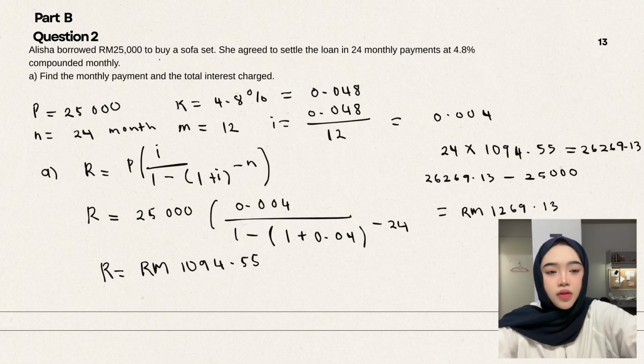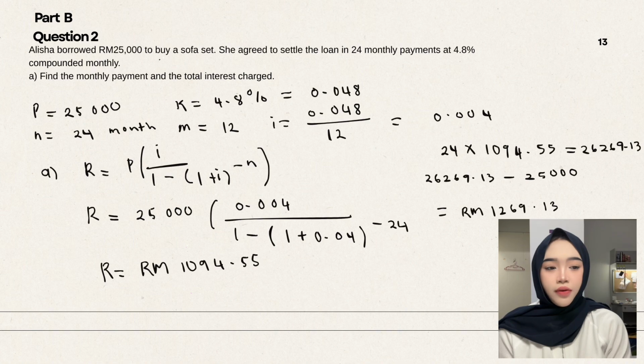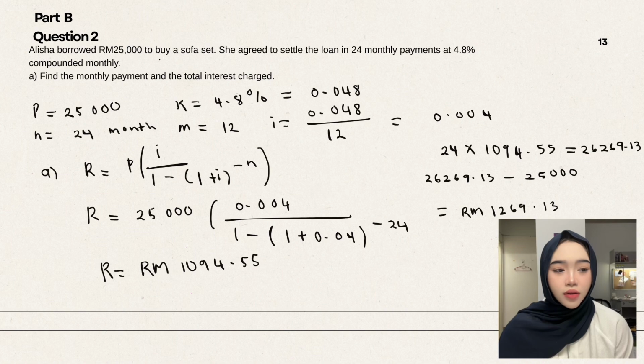For this question, we're using formula R equal to P open bracket I divided by 1 minus open bracket 1 plus I close bracket to the power of N. So R equal to 25,000 open bracket 0.004 divided by 1 minus open bracket 1.004 close bracket to the power of 24. So R equal to 1094.55.